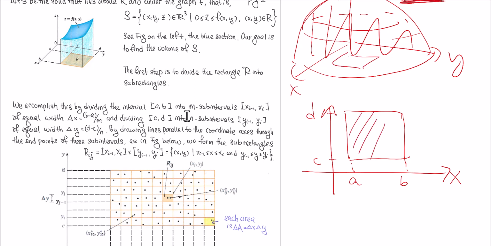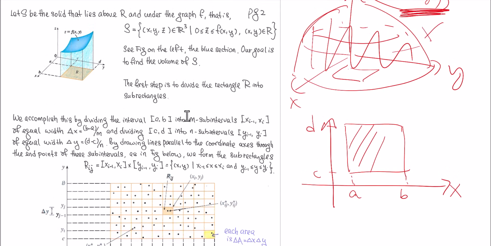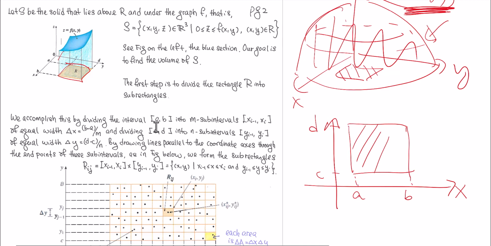So let's say you are here, and you want to find the volume under this graph, but on top of this rectangle. A better picture will be a picture like this. So your z equals f(x,y). If you make a rectangle right below it, look at the region under this z above this rectangle R. Let me make this bigger.